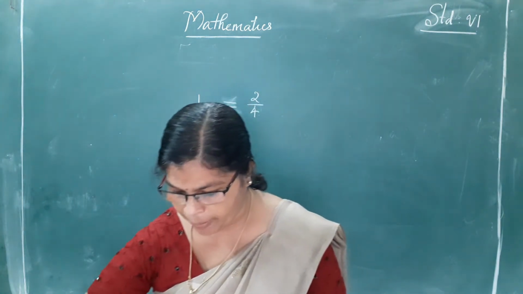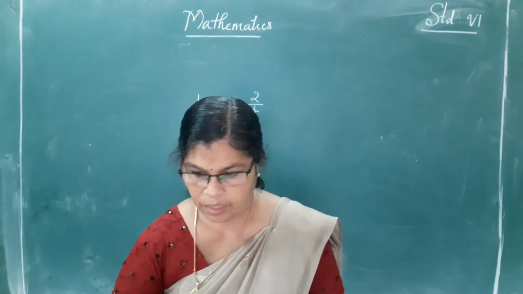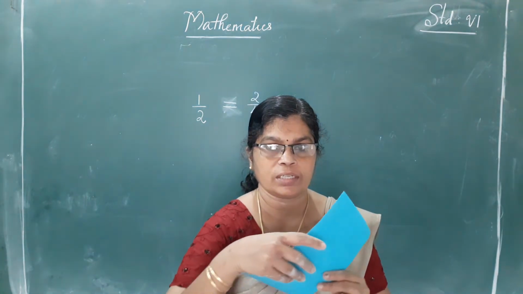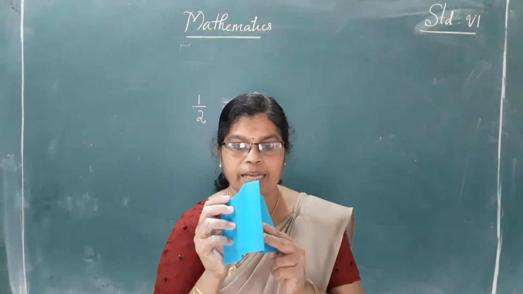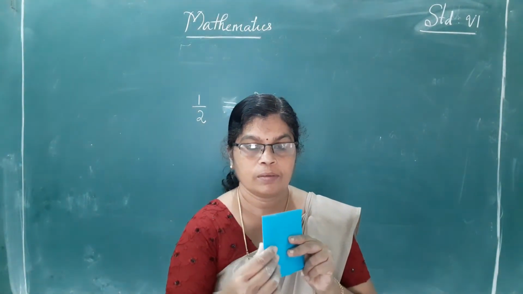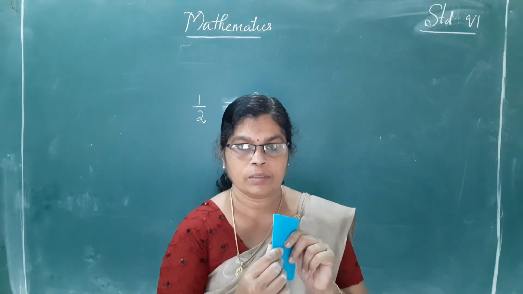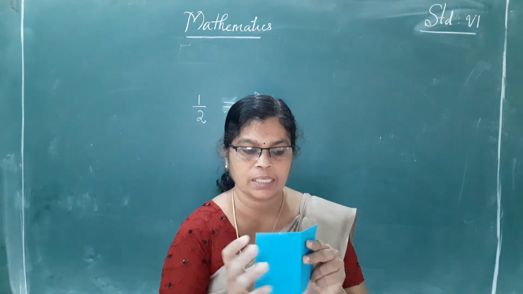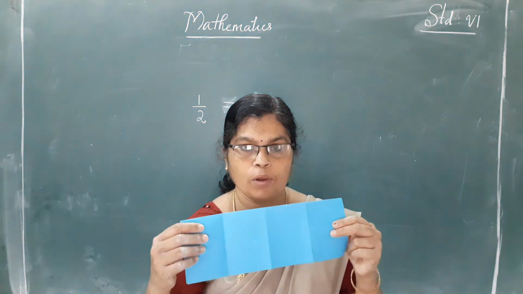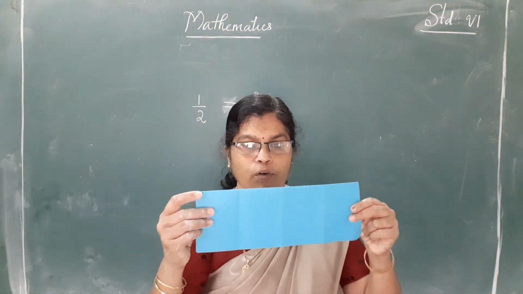Now another paper. See, this is the second sheet. That paper I have divided, and again I have divided one more time. So that means it has become 4 equal parts. See, these are 4 equal parts.